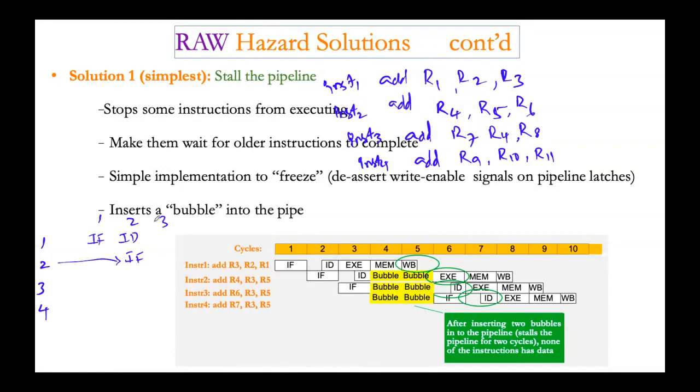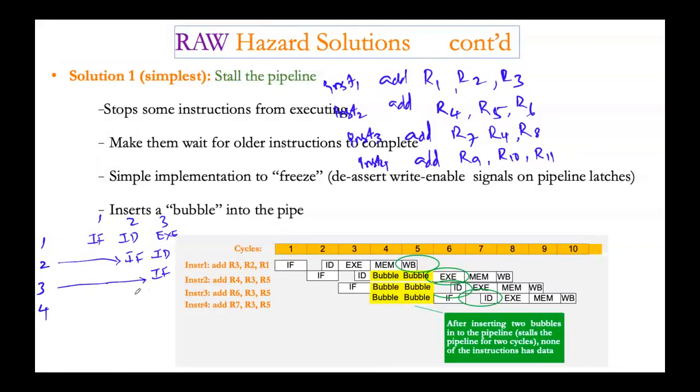In the third cycle, your instruction 1 will enter into execution. Your instruction 2 will enter into instruction decoding.